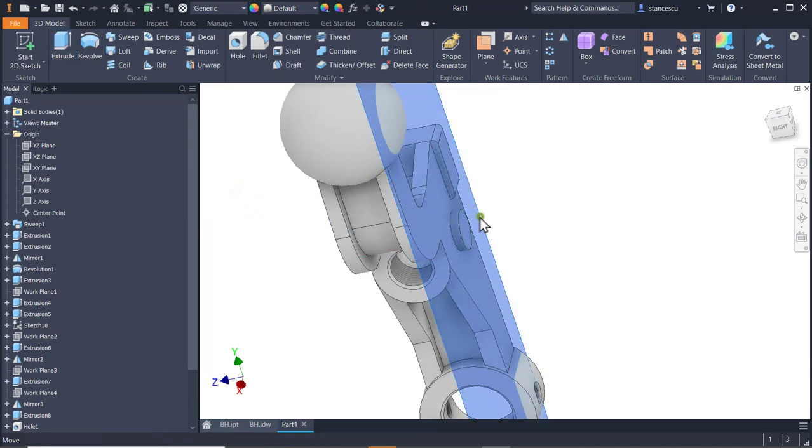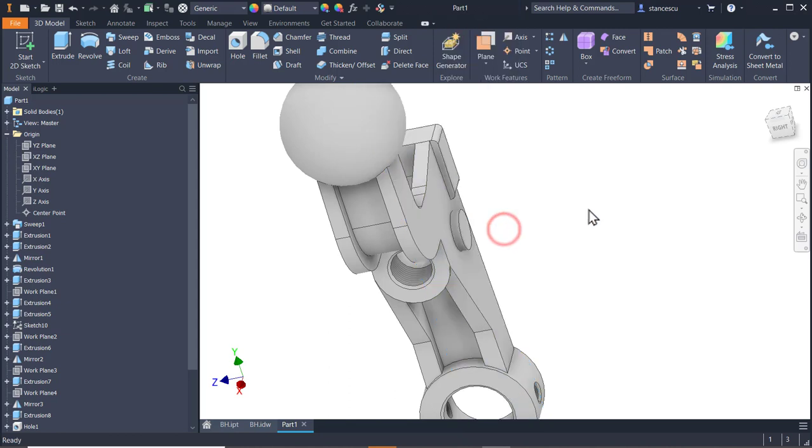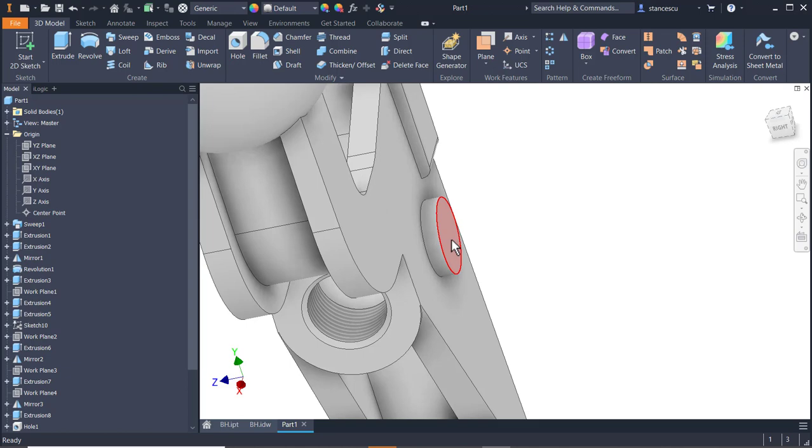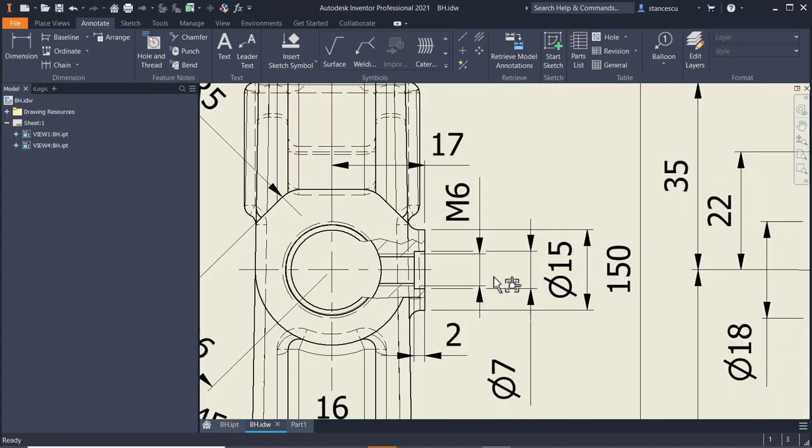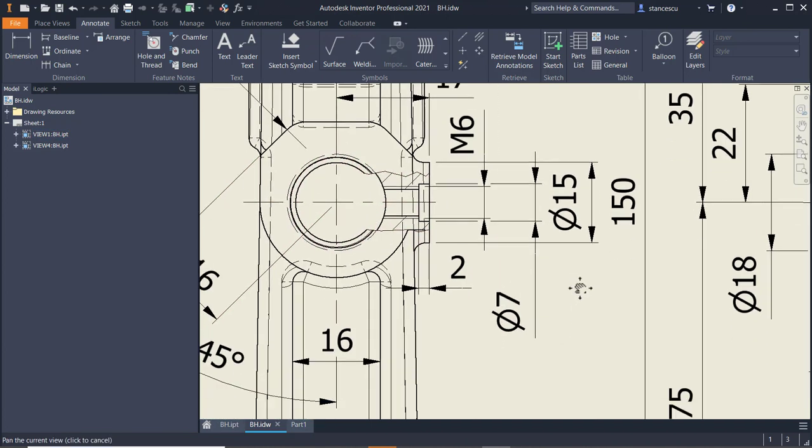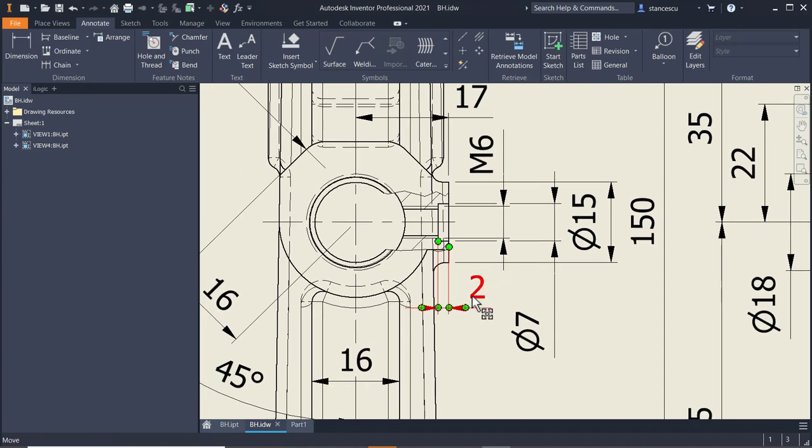The plane is no more necessary, but now we have to make another counterbore hole. The dimensions are here: 7 metric 6 to the internal hollow, and 2 millimeters depth of the counterbore.